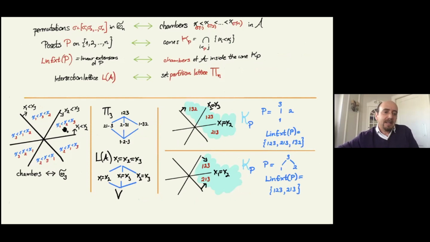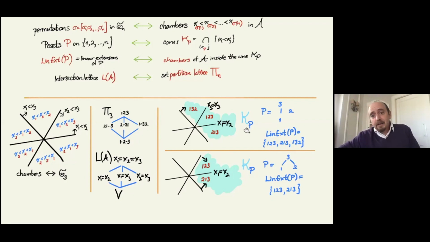And you see that those connected components are defined by the ordering of the coordinates, in increasing order, for example x2 less than x3 less than x1. So chambers are permutations. And the intersection subspaces, well, when you intersect hyperplanes where x_i equals x_j and x_j equals x_k, you get x_i equals x_j equals x_k. The point is the coordinates get grouped together into blocks where the coordinates are equal, and the ordering by refinement is reverse inclusion of the subspaces. So the partition lattice is the intersection lattice.